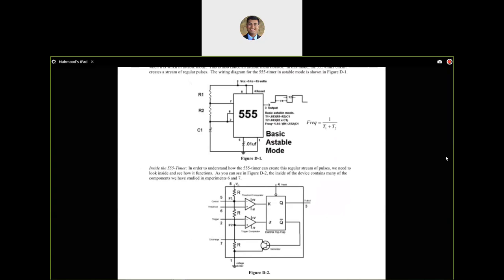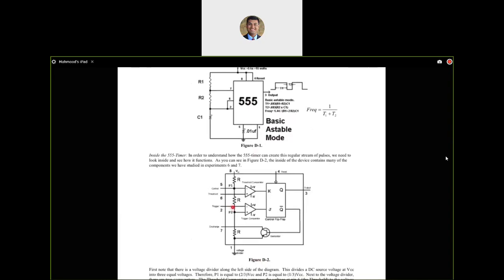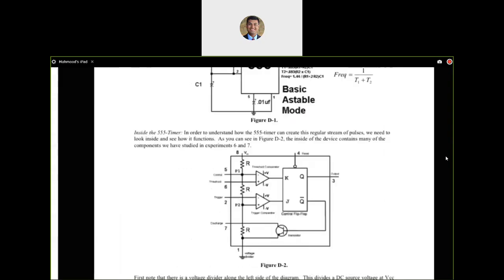There is figure D1, which shows us all the external connections to the 555 timer, and there is figure D2, which shows what is inside that chip. So this is the internal circuitry, figure D2. We are going to talk about figure D2 first, and then we will go and make sense of figure D1. So we'll do this in steps.